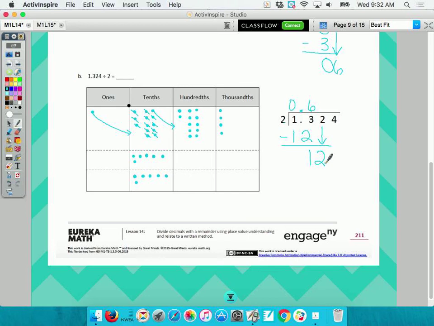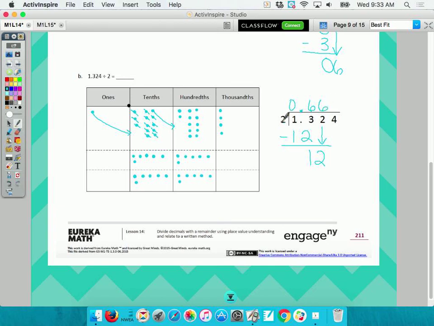All right, so this is quite simple, isn't it? I have 12 hundredths divided into 2 equal groups. How many in each group? 6. On the standard algorithm, I can't forget to put down that I have 6 in each group above the 2.